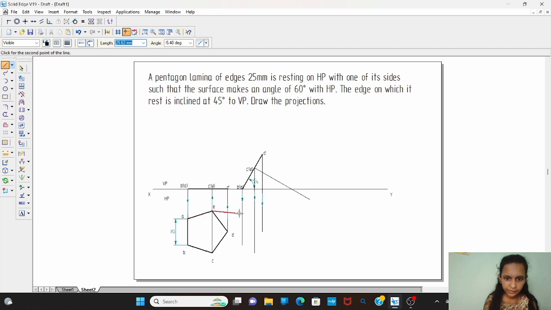First let me extend point E. Point A. D dash at one corner. Point C and C dash meeting at this corner. Point D and D dash.